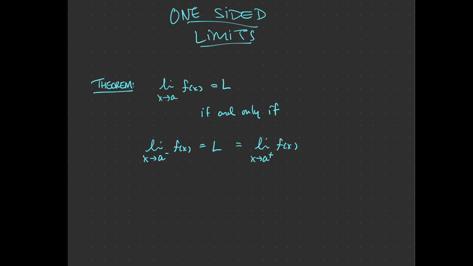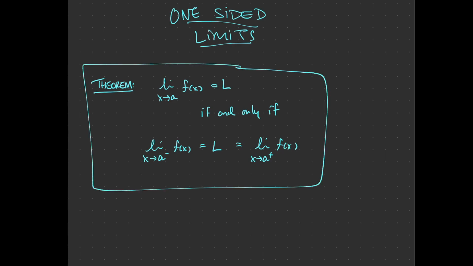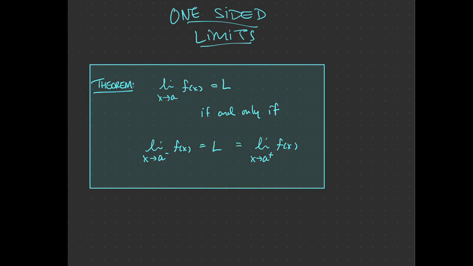Remember, we did this numerically and graphically last time. But this is going to be key and often a way that we'd be able to solve a problem. We see whether the limit from the left and the right are the same or different, and that will tell us whether or not the limit really exists on its own.